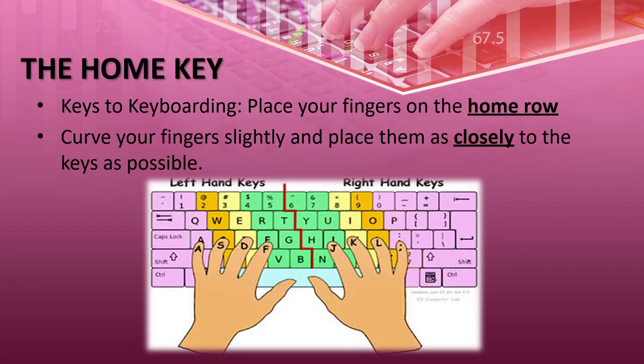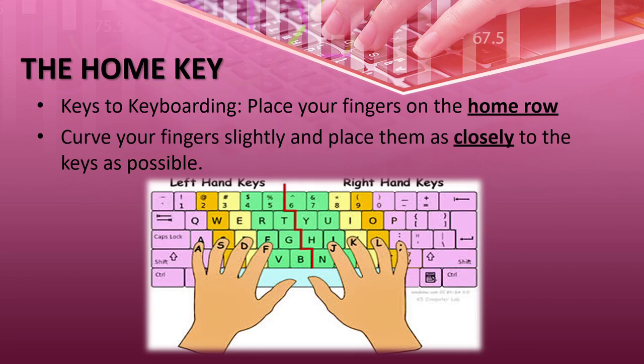Now part 2: the left hand keys and the right hand keys. The red colored border that I am showing here divides the keyboard into two parts, left hand keys and right hand keys. So you can easily remember that this is the right hand part and this is the left hand part. Yes, it is easy to understand.